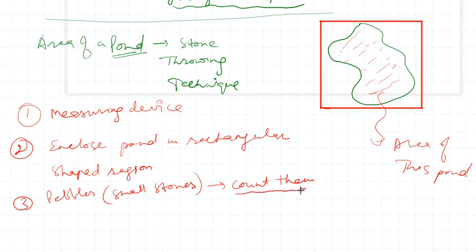The more the number of pebbles, the more the accuracy in finding out the area of the pond. That's the thing which we have to keep in mind. The number of pebbles should be large. That thing we have to keep in mind, right?